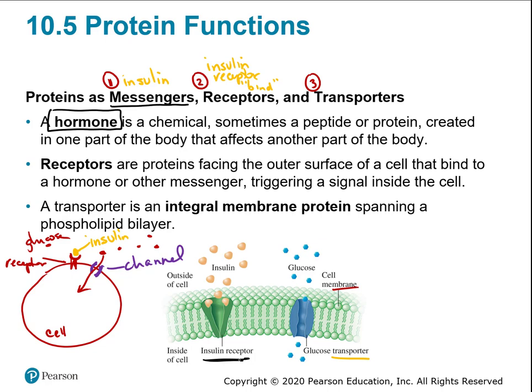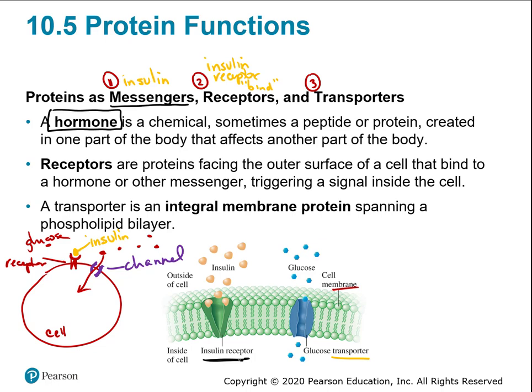Globular, because it goes all the way through the membrane, and notice it has a little cup at the top. That shape is specific just for insulin. The receptor doesn't bind growth hormone or thyroid hormone. It is specific to its shape, so it only binds insulin.